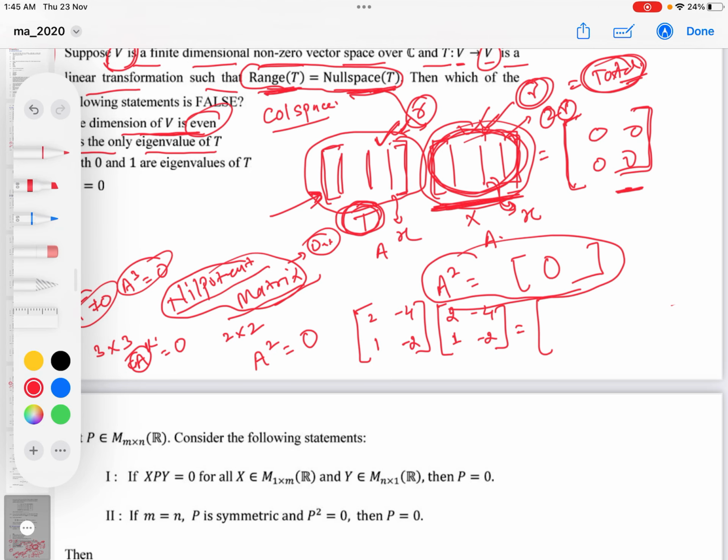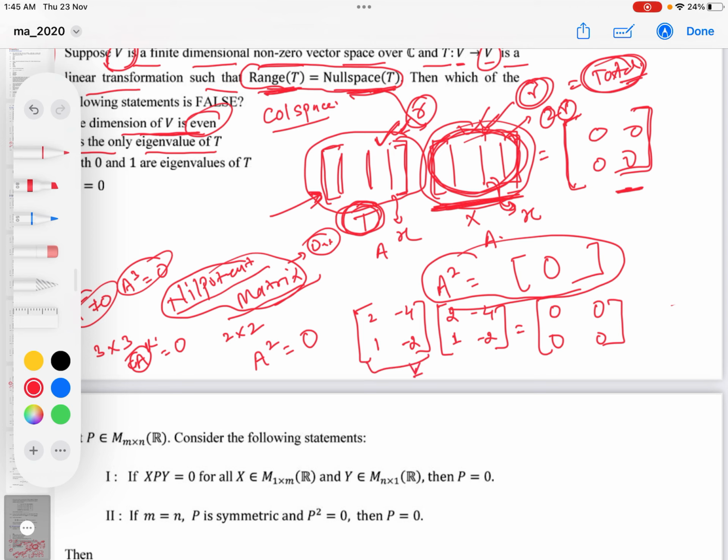Let's multiply it. 2 times 2 is 4, and minus 4, that is 0. Again, 2 times 1 plus 1 times minus 2 is 0; minus 4 times 2 plus minus 2 times minus 4 is minus 8 plus 8, 0; and minus 4 plus 4 is 0. So this matrix is nilpotent, right?